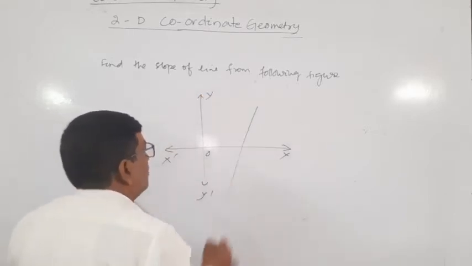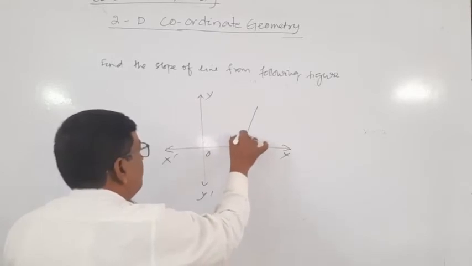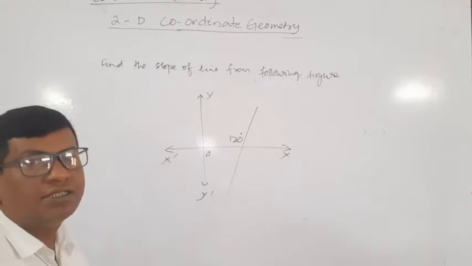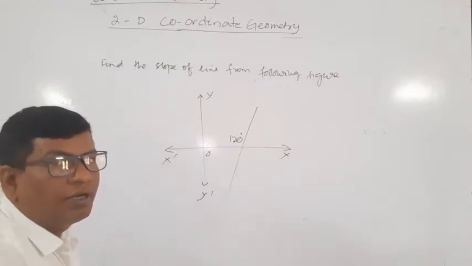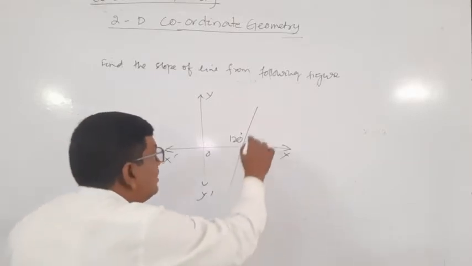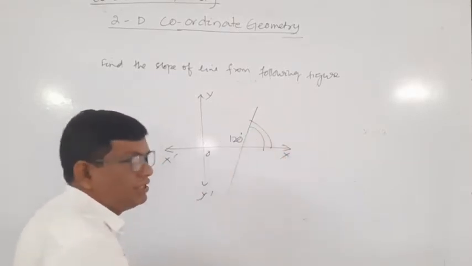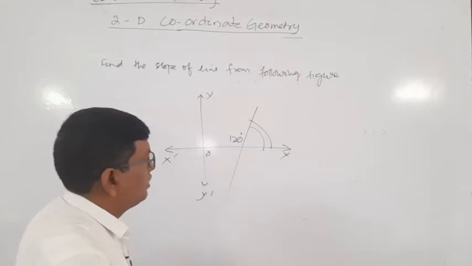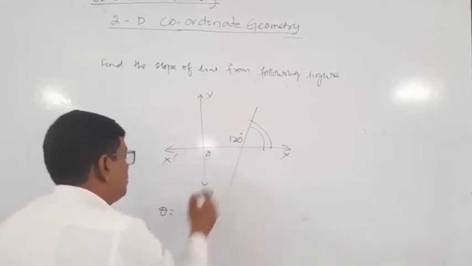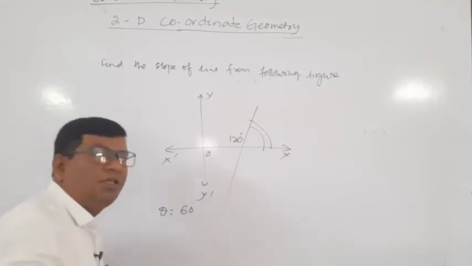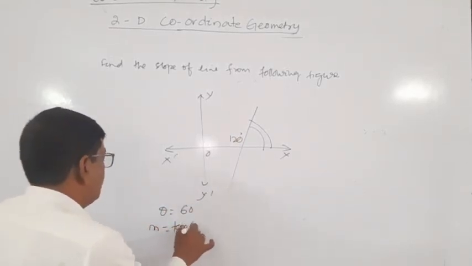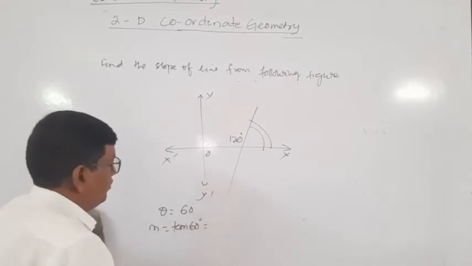This angle is suppose 120 degrees. Then what is the slope? But for slope, this angle is required. So this is 120, and here theta is equal to 60 degrees. So m is equal to tan 60 degrees, that is root 3.